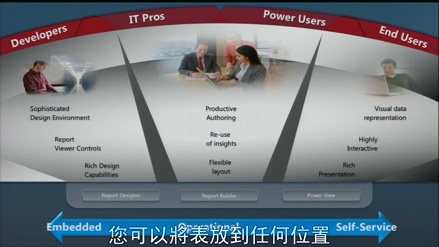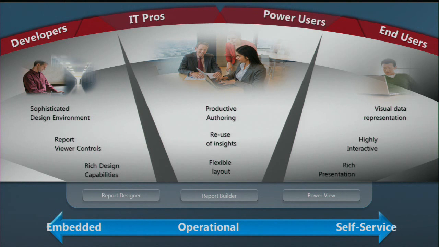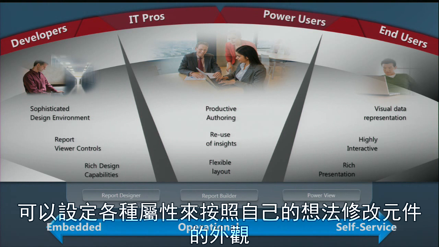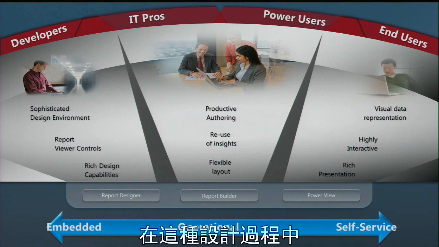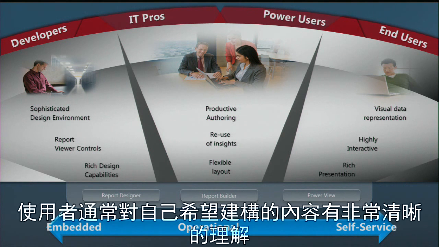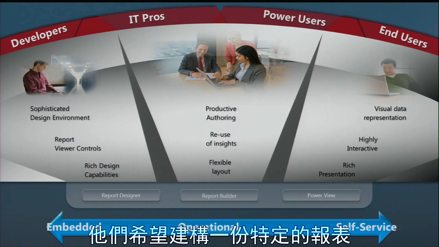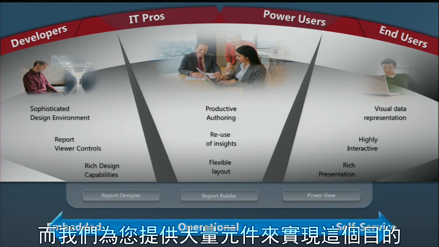You can put a chart where you want to put it, you can put a table where you want to put it, and you can set all sorts of properties to make the controls look the way that you want. That's a workflow typically where the user sits down and has a very clear understanding of what it is they want to build. They want to build a specific report, and we give you a lot of control in order to do that.